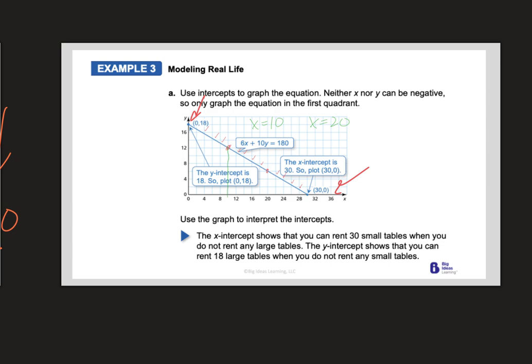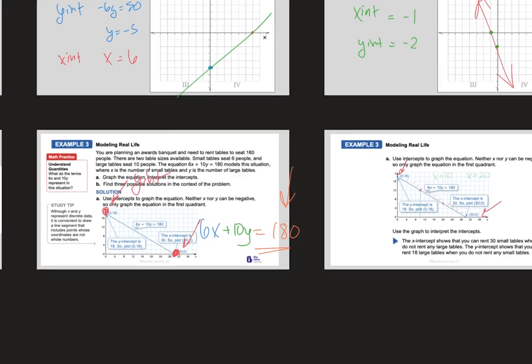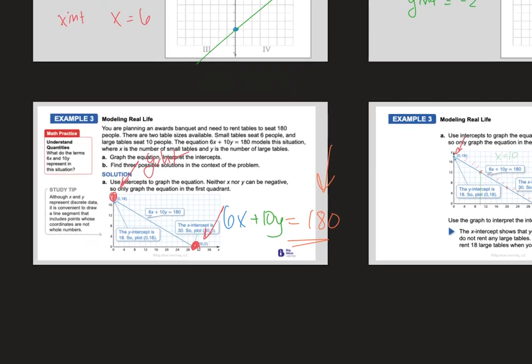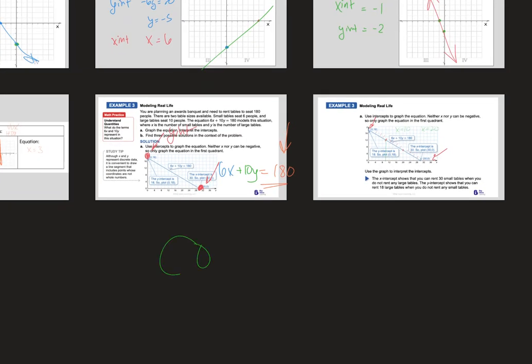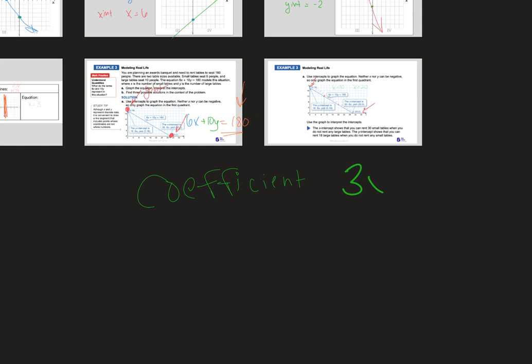One last thing I'll say is when it comes to these things, they use some vocabulary: a coefficient. Wow, let's try that again. Coefficient. There we go. That's the number in front of the variable. 3 is our coefficient. This whole thing is called a term.